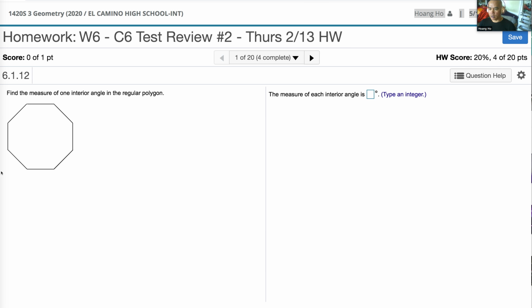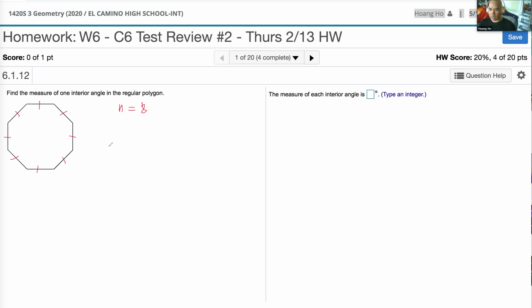So they give you this diagram, so make sure you count how many sides. 1, 2, 3, 4, 5, 6, 7, 8. So the number of sides is 8, so n equals 8.